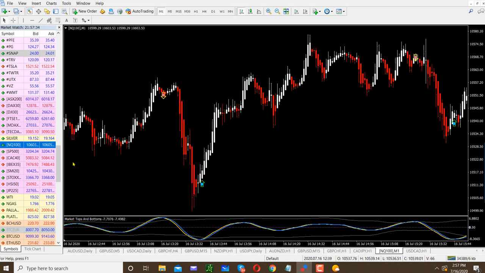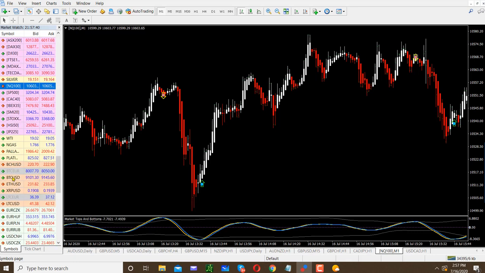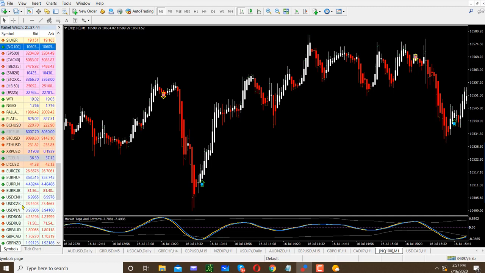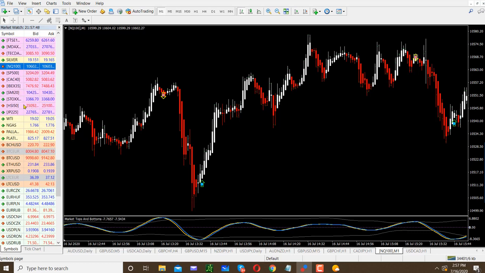And actually, let's do that. It could be like the Asian index, like the Nikkei, Hang Seng index, the French index. Let's take a look at that.